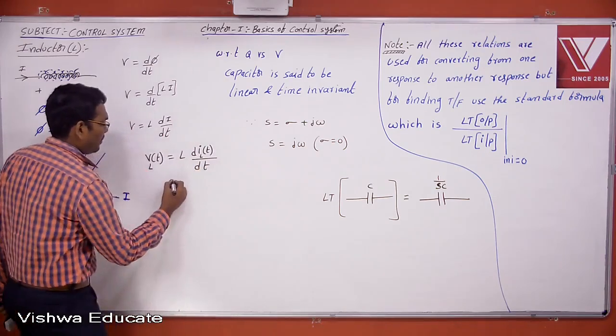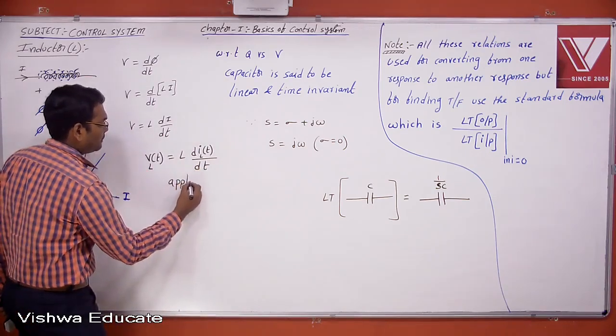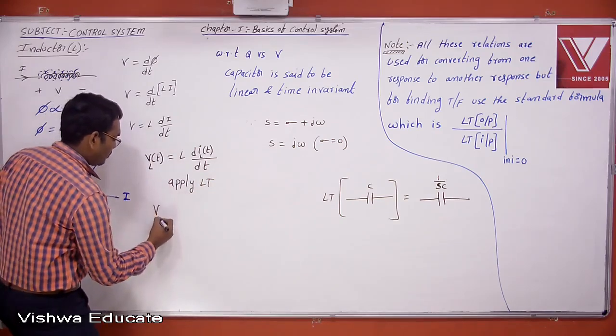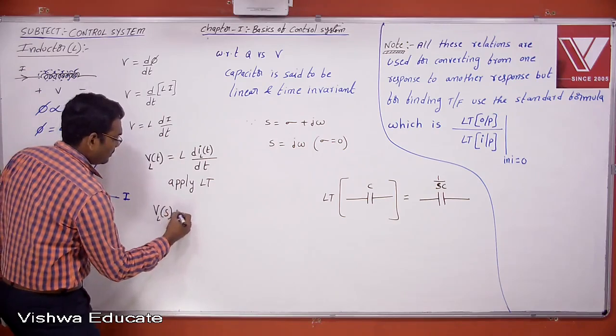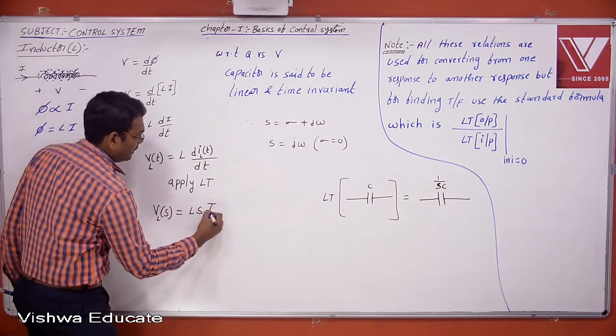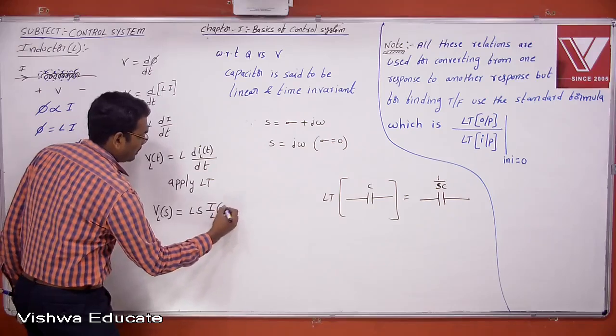Then if I apply the Laplace transformation, V of t becomes V of s equals L times, since the Laplace transformation of a derivative is s, into I of s.